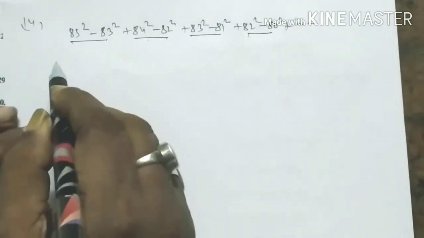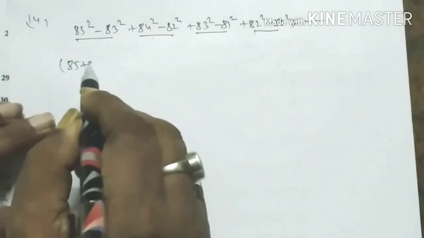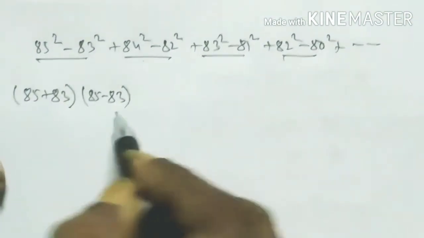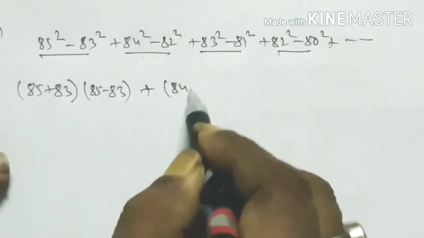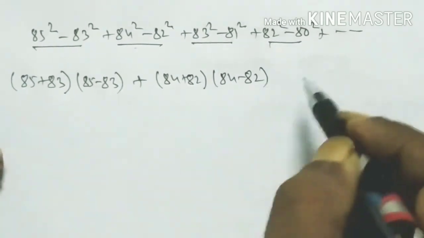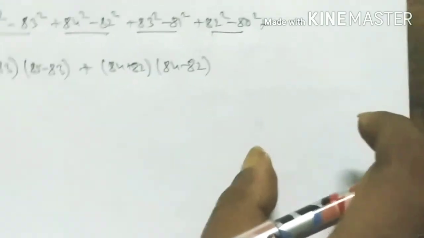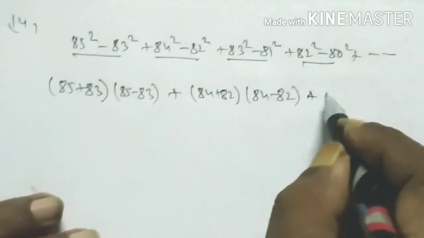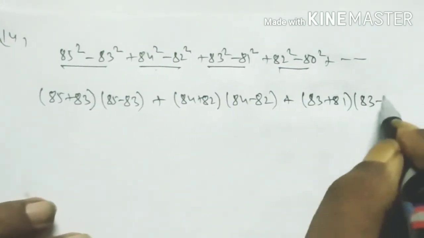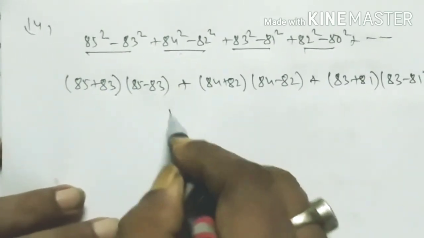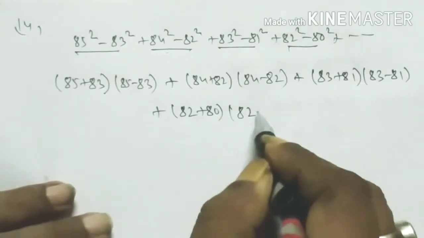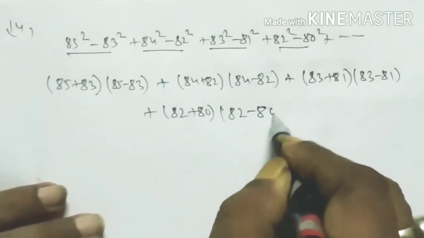Using a square minus b square, that is 85 plus 83 into 85 minus 83, again 84 plus 82 and 84 minus 82, again 83 plus 81, 83 minus 81, again 82 plus 80, 82 minus 80, plus and so on.